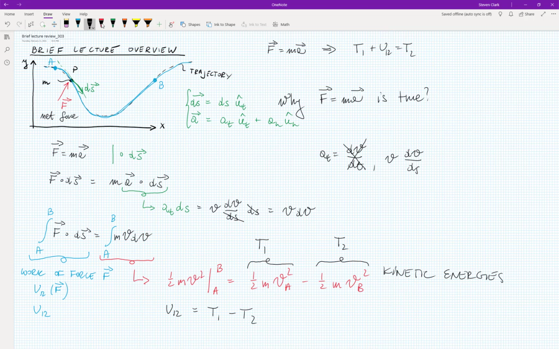The other way around, yes? Oh, sorry, the other way around. T2 minus T1, and in here I should have B, and in here I should have A. I'm sorry for that. So 2 in here and 1 in here. So indeed, we obtained exactly what is in the top right corner. We ended up with T1 plus u12 equals T2.